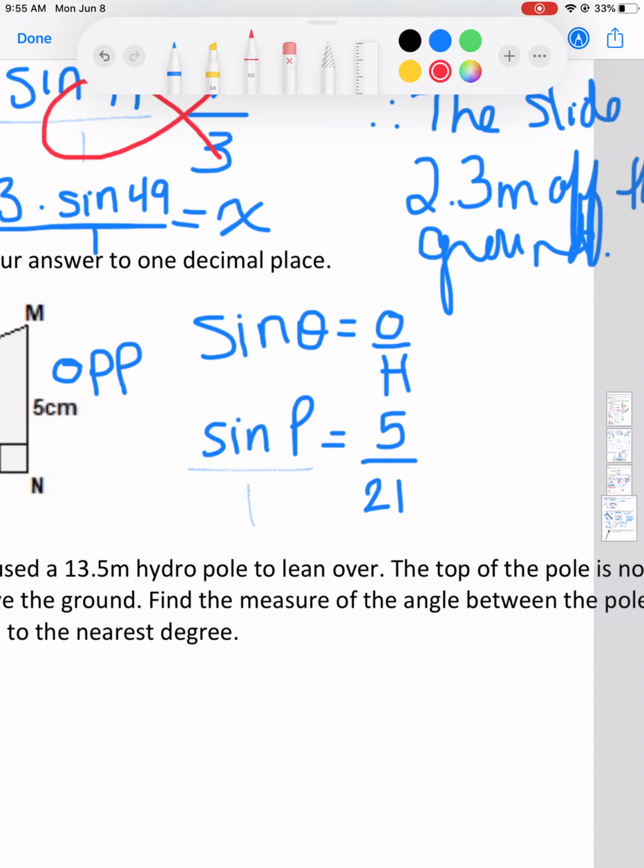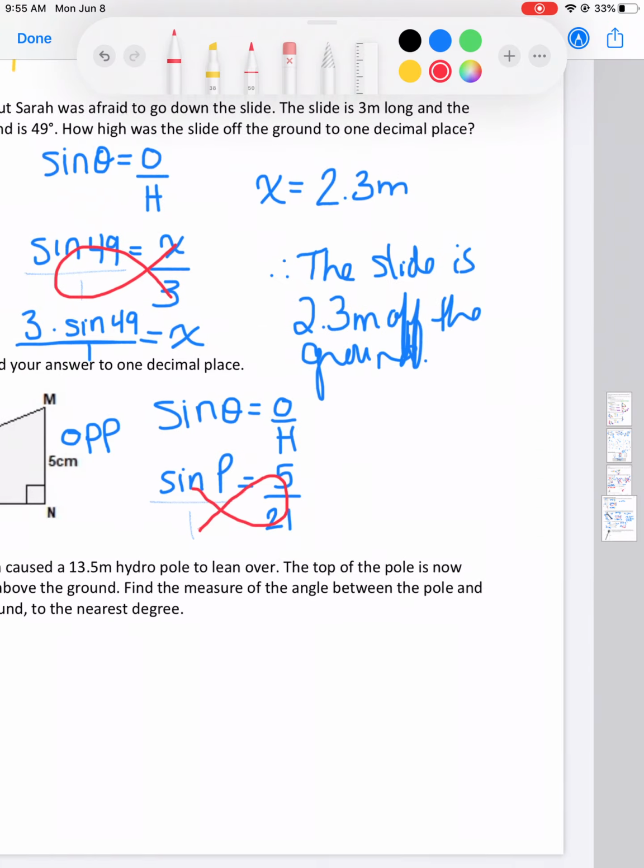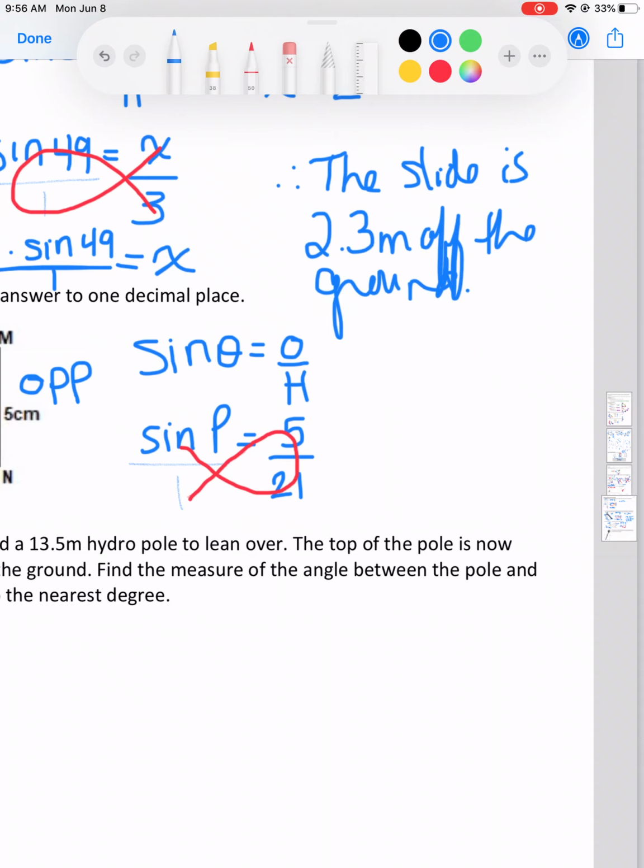So we're going to go to the other one, and I'm going to make my fish. 1 times 5 divided by 21 gives me sine p.